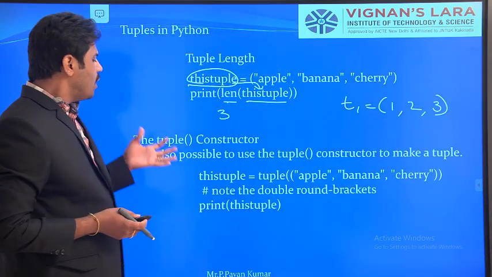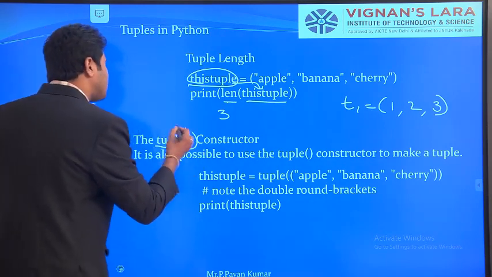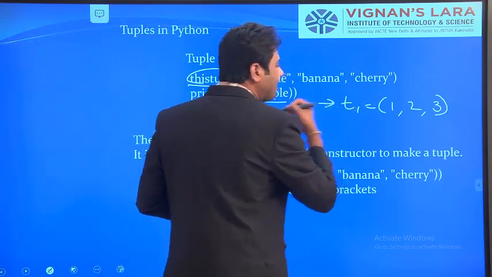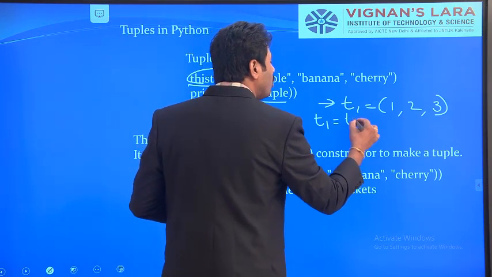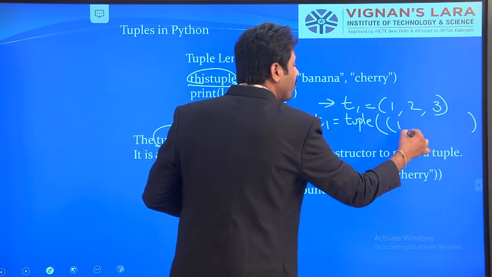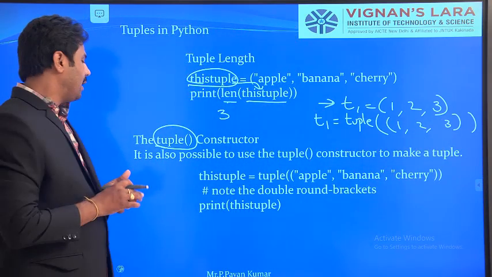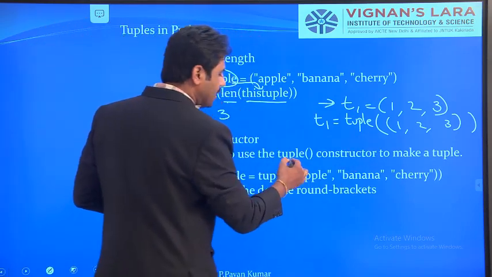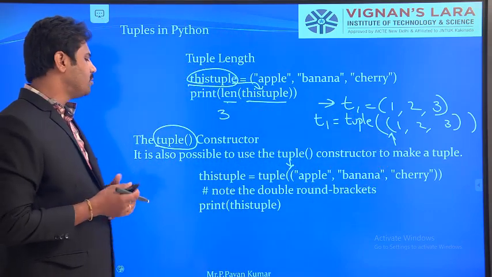Of course, if you want to create a tuple with the constructor named tuple, you can create it like this: T1 equals tuple of, and you have to write this one, 1, 2, 3. A new tuple is going to be created with this. Here you must use these double brackets, otherwise it's not possible to create a tuple.